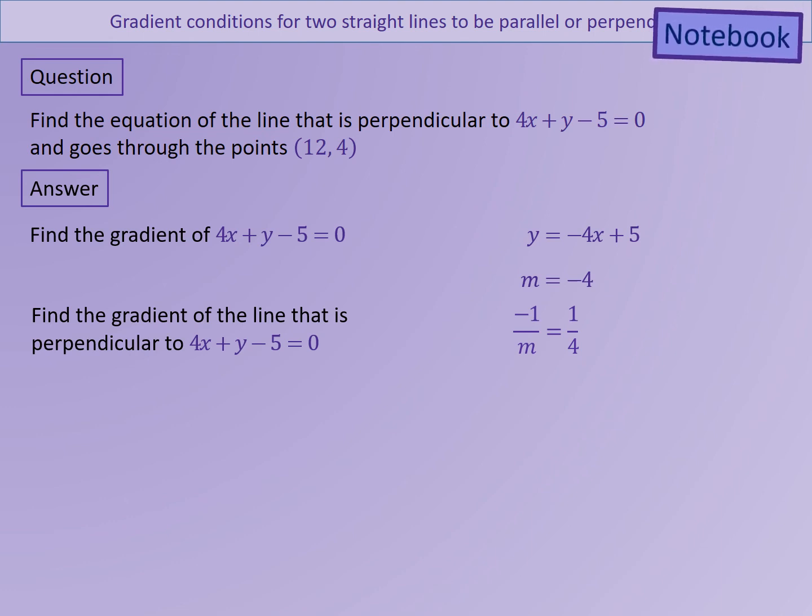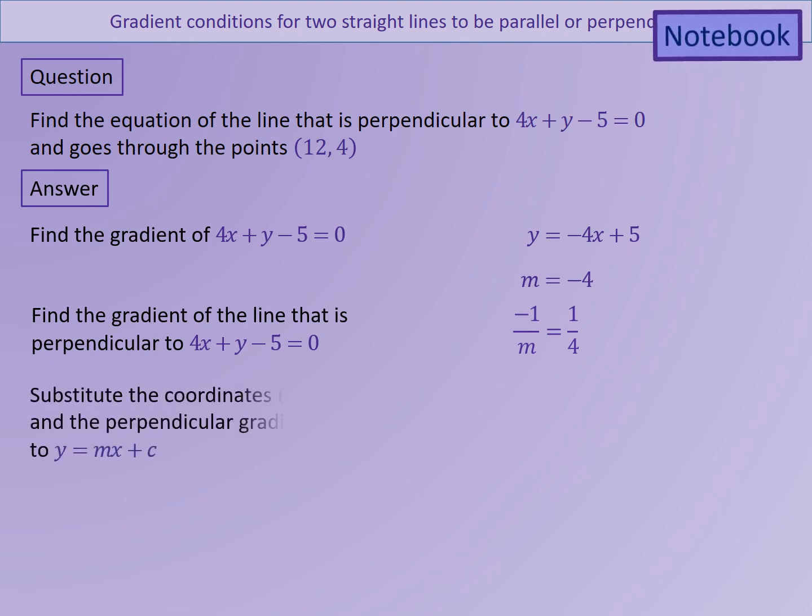I've got the point that it passes through, which is (12, 4). I can then substitute all of that into y equals mx plus c. So I'm going to replace y with 4, x with 12, and the gradient with a quarter. That allows me to find c, which is 1.